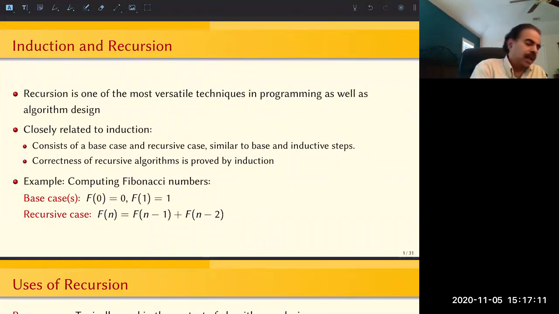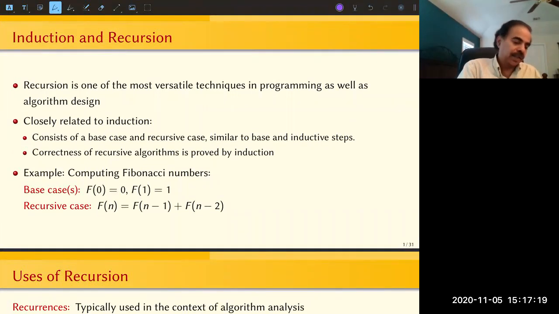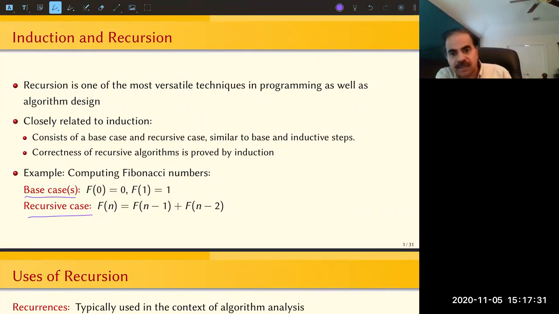So I say induction and recursion because the two are very closely related, right? In induction, we talked about base case and the induction step, right? In recursion, we talk about base case and recursive case.